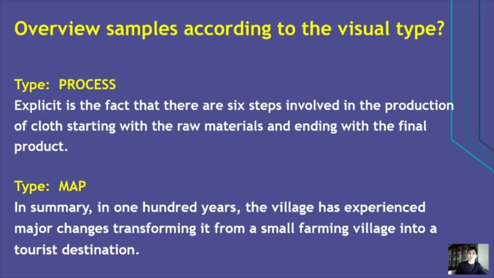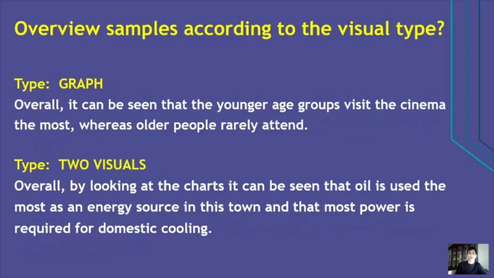In summary, in 100 years, the village has experienced major changes, transforming it from a small farming village into a tourist destination. Type: graph. Overall, it can be seen that the younger age groups visit the cinema the most, whereas older people rarely attend.